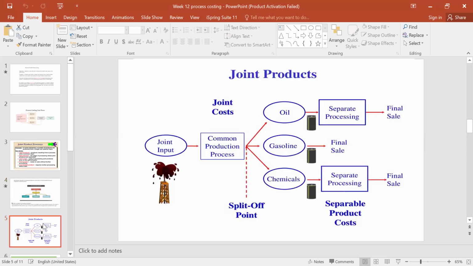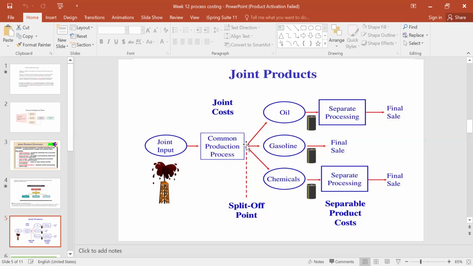Another slide clearly shows the diagram: joint product, joint cost, other process. For example, the joint input, when you extract liquid from underground, this is the input stage, then the common production process. When you start the process in this stage, you can call it the joint cost.